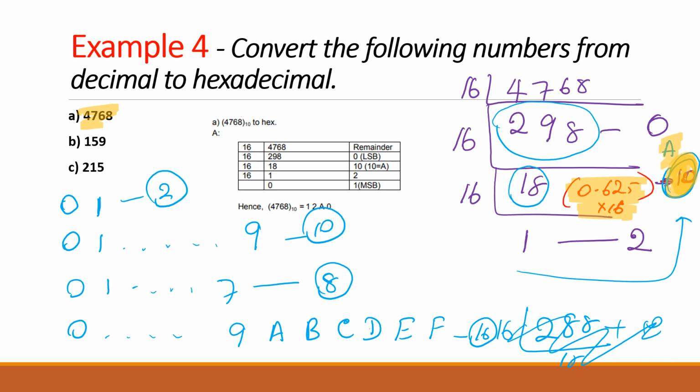Make sense? Is it clear or not? So if you want to convert a decimal number to hexadecimal, you need to divide by 16. If you want to convert it to an octal number, you divide by 8. If you want to convert it to a binary number, you divide by 2, isn't it? So you divide by the base. Make sense? Can you do 159 and 215, please? I'll give you time.